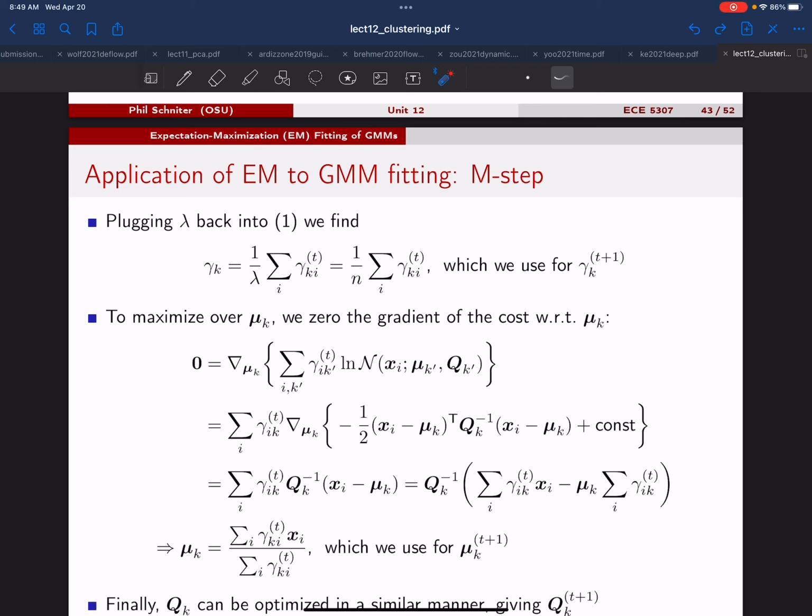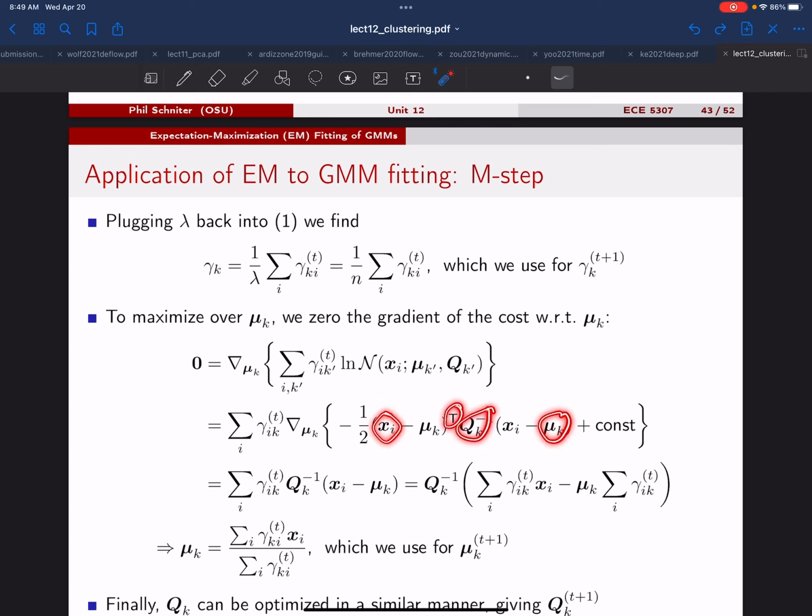Then you have another term which is mu k transpose this. So when you take the gradient of that, you just get this. You might remember that from some homeworks. And then there's another term which is x_i transpose this times this. If you transpose that, it's a scalar, you can just transpose it. Then you get exactly this term again.